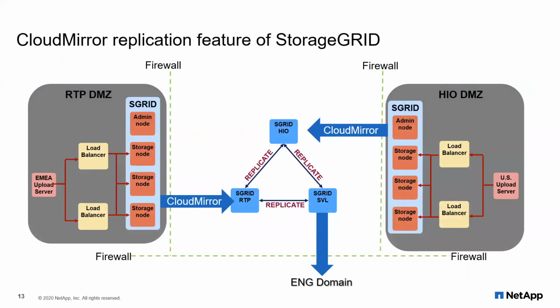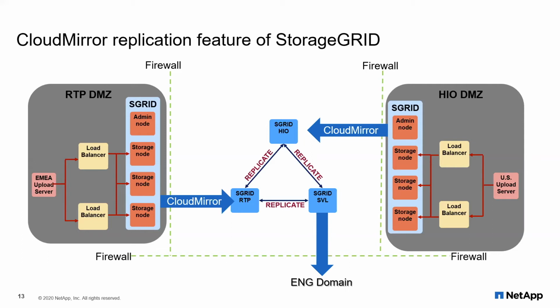In the earlier slides, it shows that we started with the core StorageGRID. That grid is in the internal core network, and our security folks would not allow us to use the grid for external facing activities.